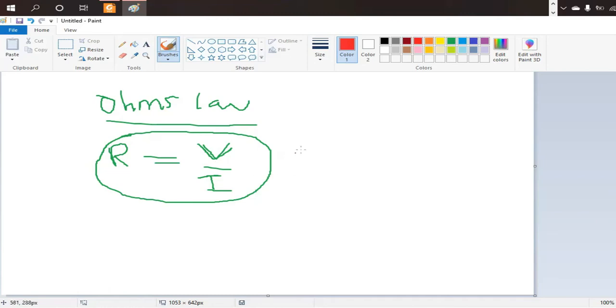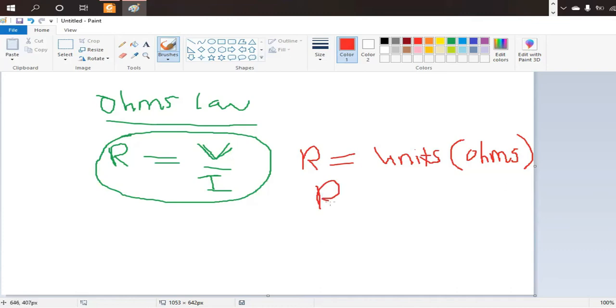Now when you look at the R, which is just resistance, the units are the ohms. And then the symbol that we use for the ohms, for example, if you have got a number like 3, I can just write it like this.